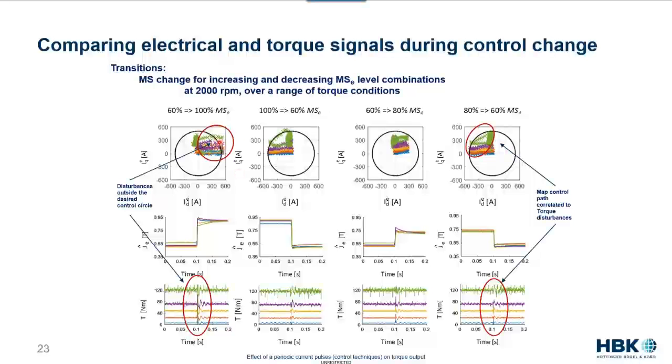The black circles shown on each of the ID/IQ graphs show the expected and acceptable operating range for that motor. So the goal was to keep the values inside that black circle.